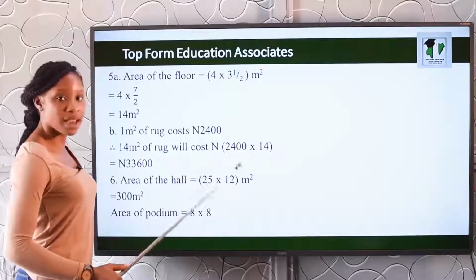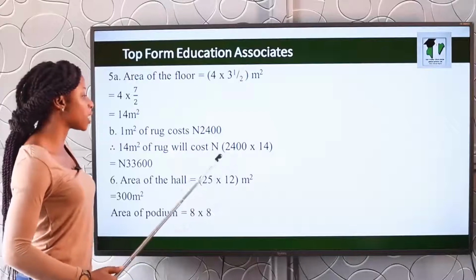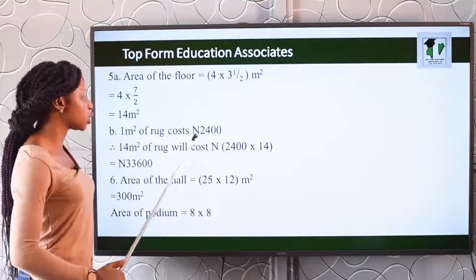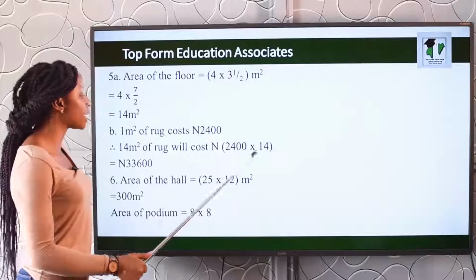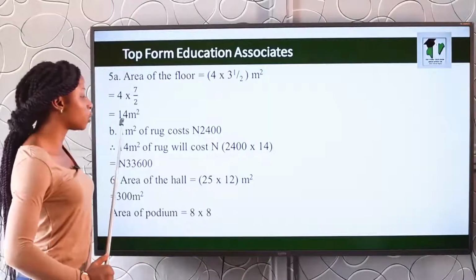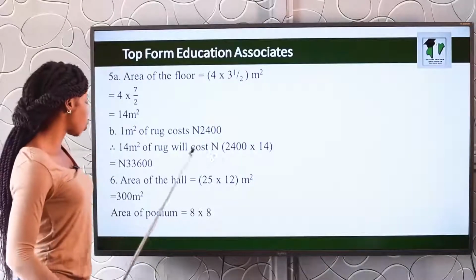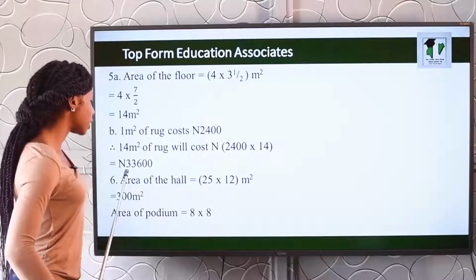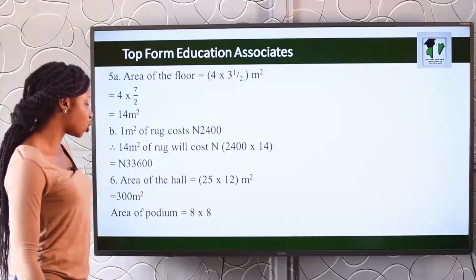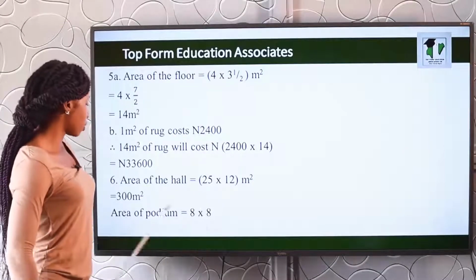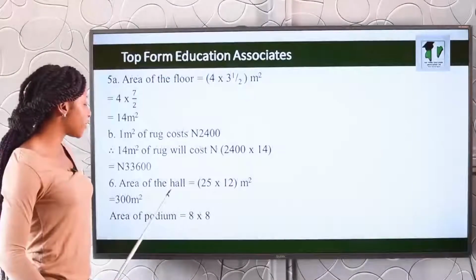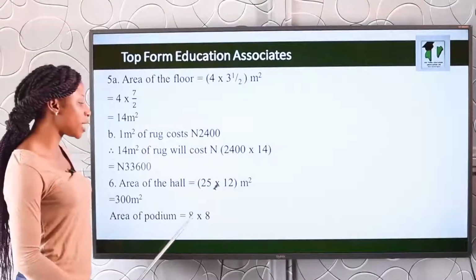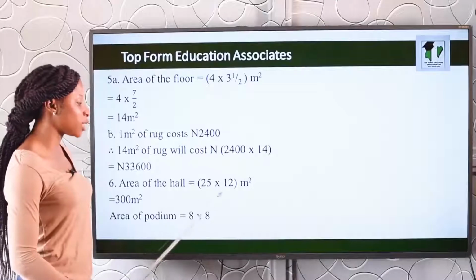The given cost is 2,400, so we'll multiply it by the area which we've solved, which is 14 meters square. Therefore, our answer is 33,600 naira.